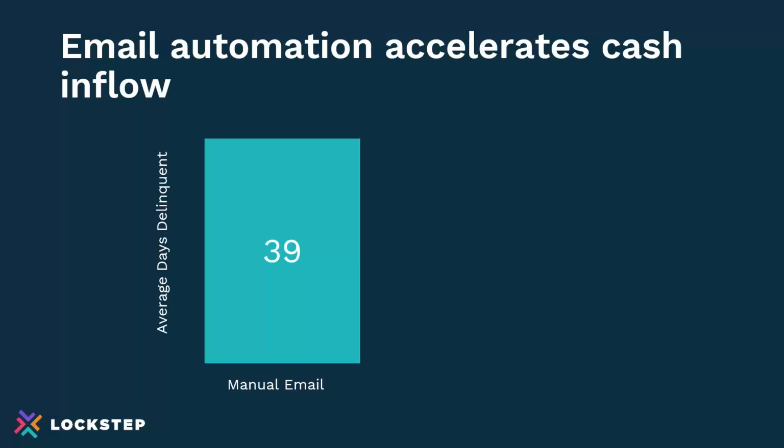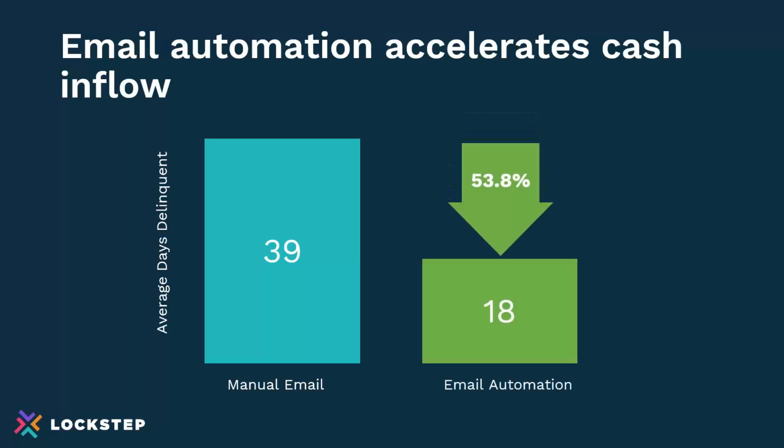Our current benchmarks, across over 180 customers, show that prior to automation, manual email had average days delinquent of 39 days. After email automation, there was a drop of almost 54% of average days delinquent, down to 18. That's a pretty significant improvement in terms of cash flow. And it's really coming from just throwing that one switch of turning email automation on.